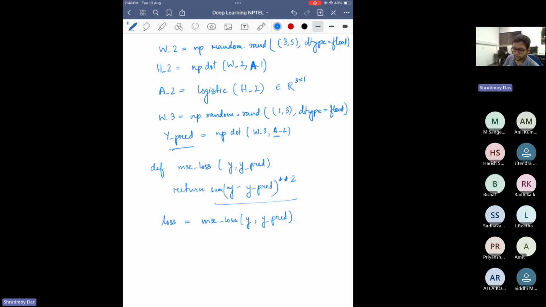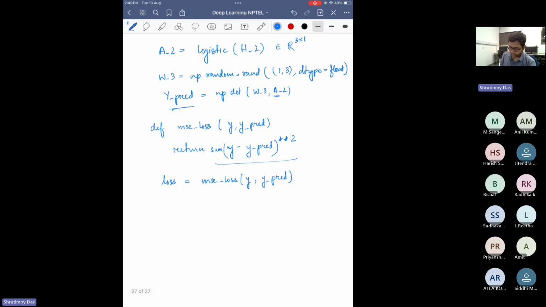What was the next step? You do the feed forward, you compute the loss. What is the next step? Yes, we have to minimize this loss. For minimizing the loss, we have to write the backprop algorithm.